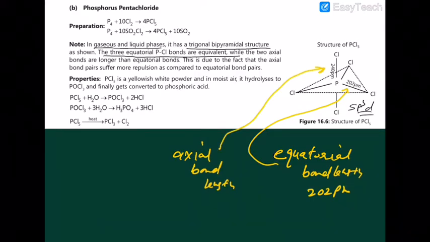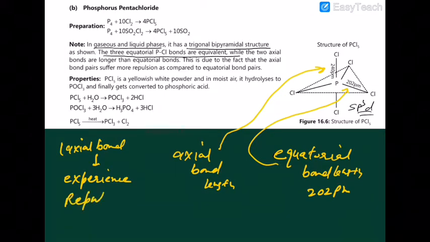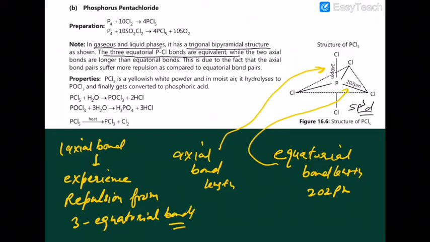The reason being that one axial bond experiences repulsion from three equatorial bonds. Okay, equatorial bonds do not repel each other.